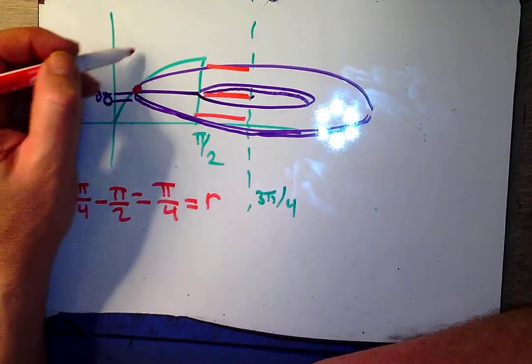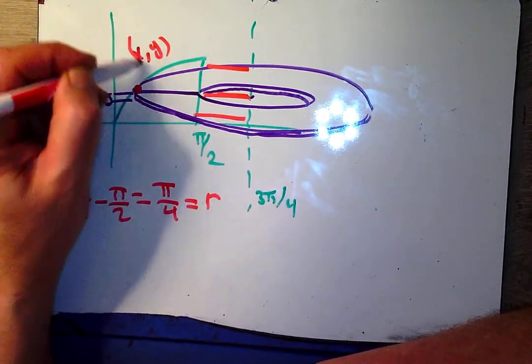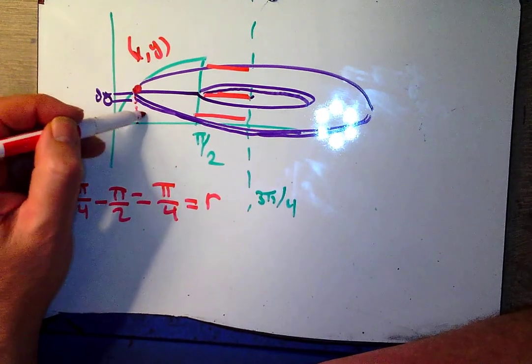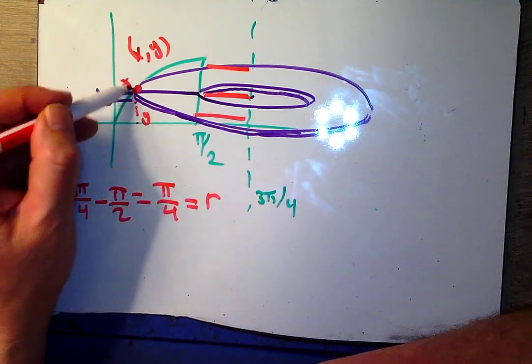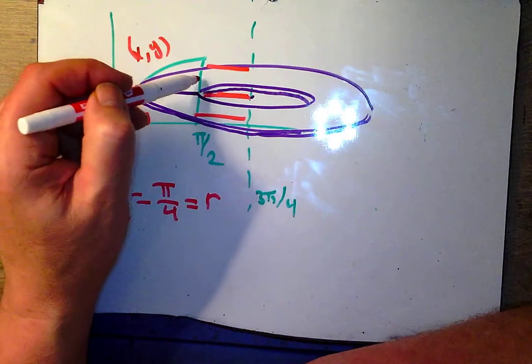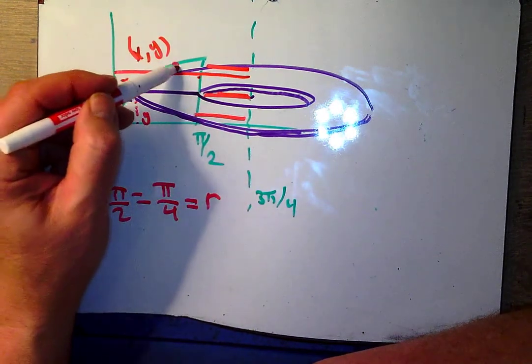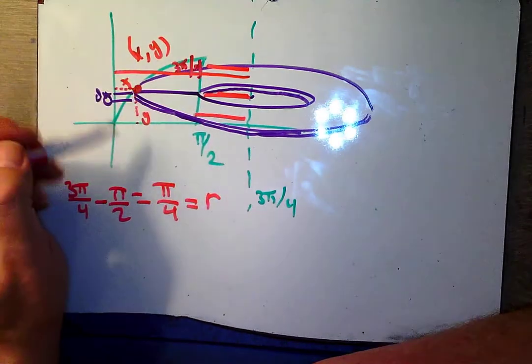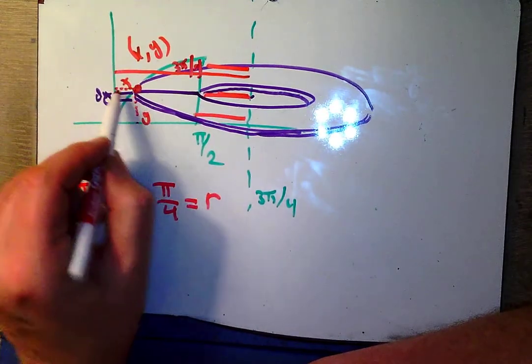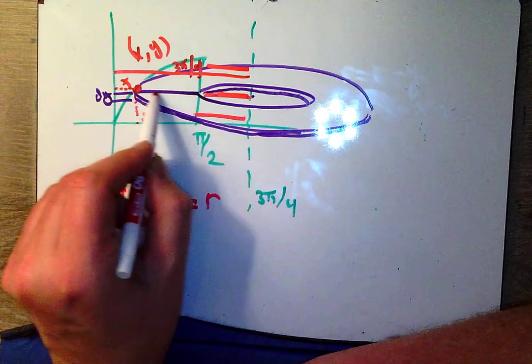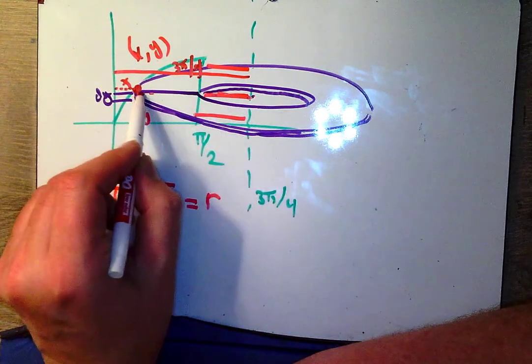We know there's an ordered pair here called xy. This distance is y. This distance is x. Here, I have 3 pi over 4. Here I have x. My big R is this length.